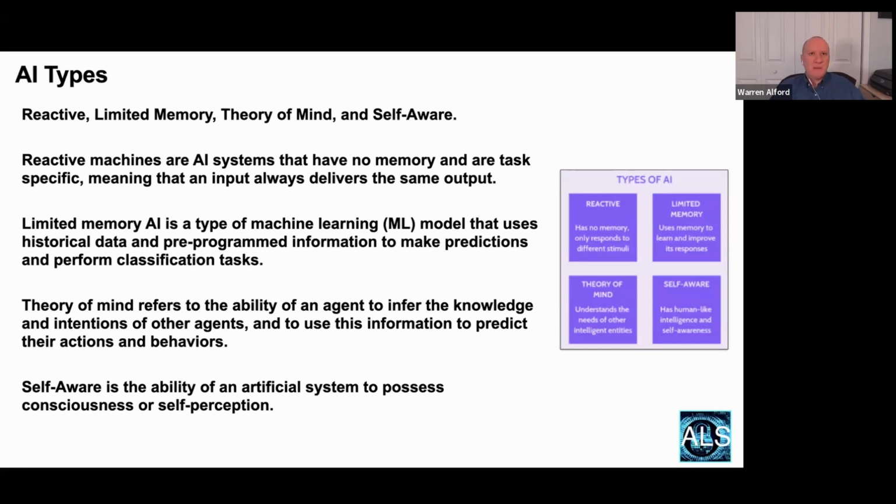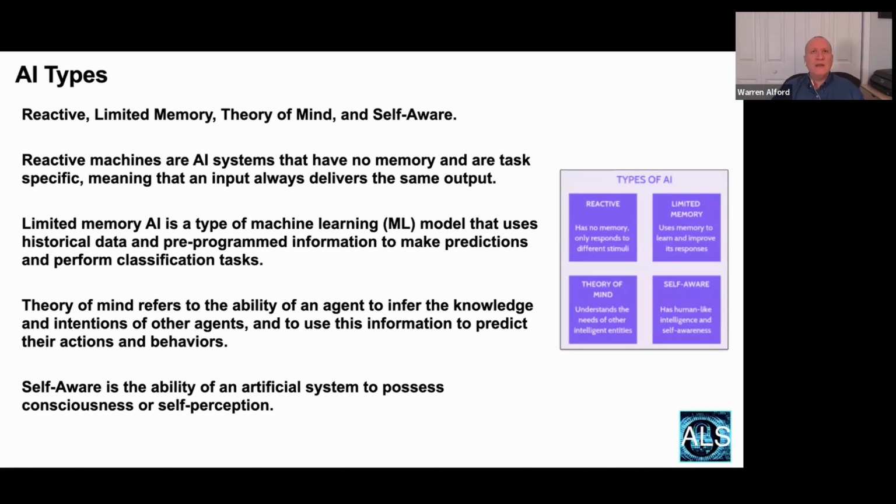So it has parameters. It knows what the different algorithms are, and it's just basically putting those algorithms in as you type in numbers, and it delivers the same output. So 2 plus 2 is going to be 4, no matter how often you put that in, or no matter who is actually putting that in as well.